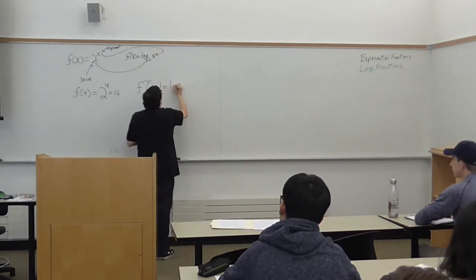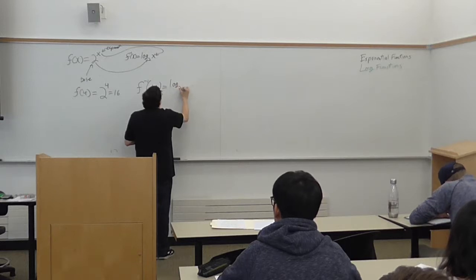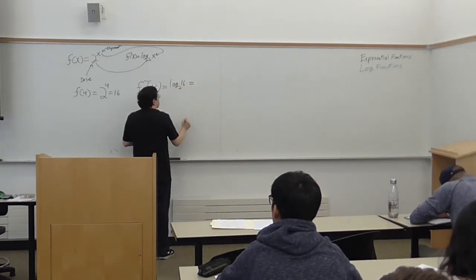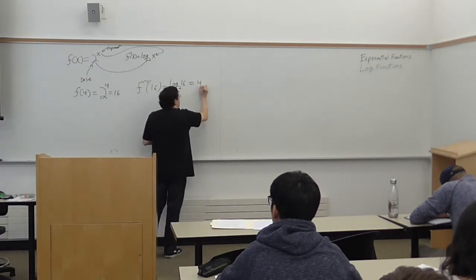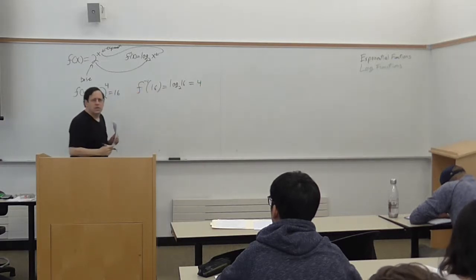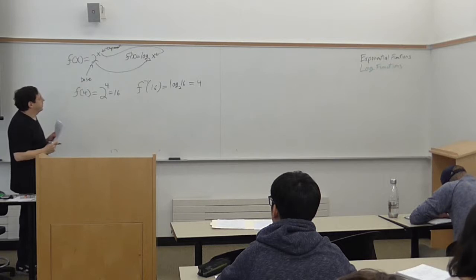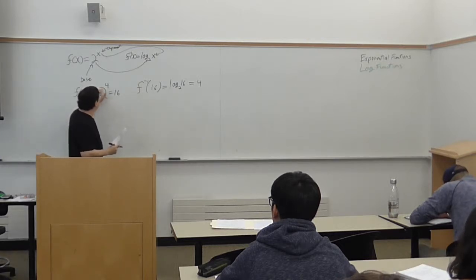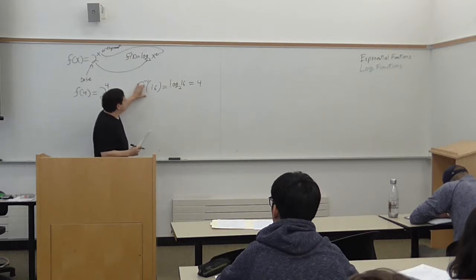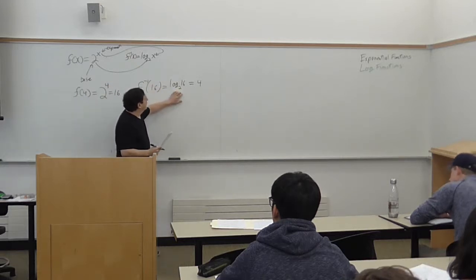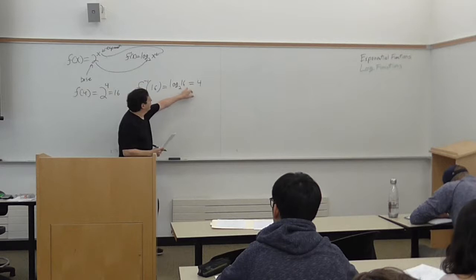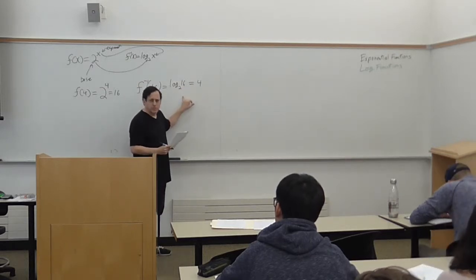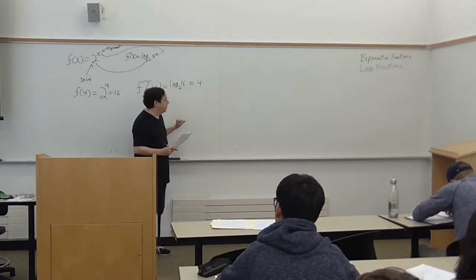That's going to become log to the base 2 of 16, but that's going to become 4. This function does something to 4, raises 2 to it. The inverse function, the log, takes that number and finds what exponent you would raise 2 to get it.